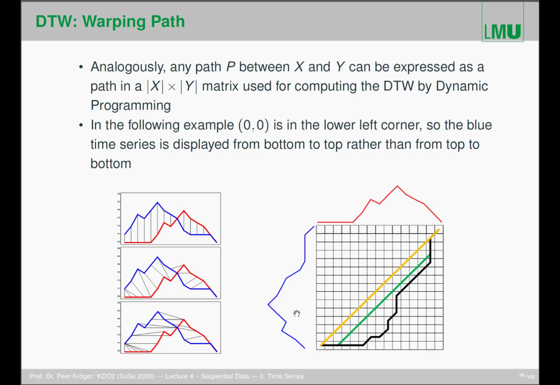The dynamic programming scheme again tries to find a cost-minimal path from (0, 0) to (n, m), based on the differences between the individual time slots, or the other way around.